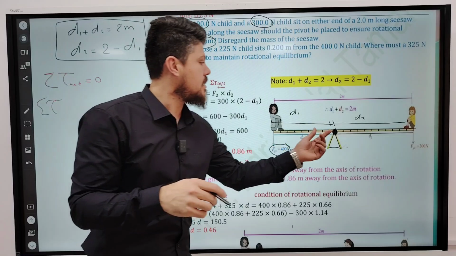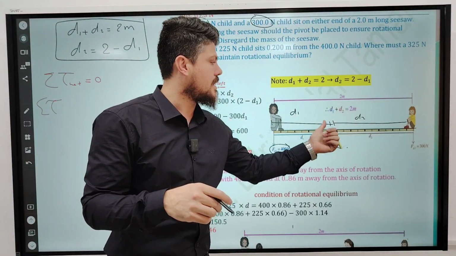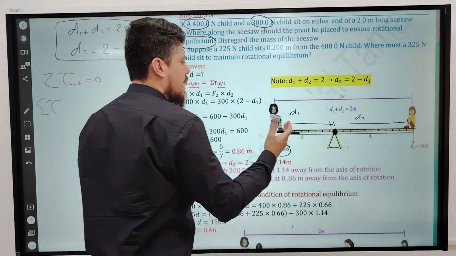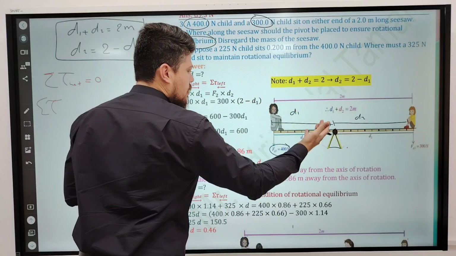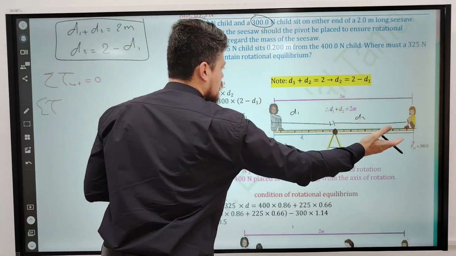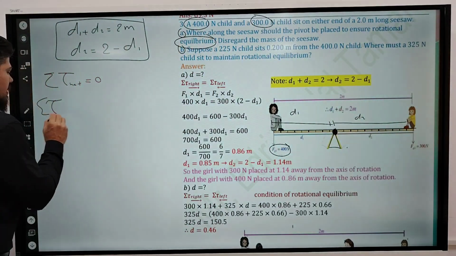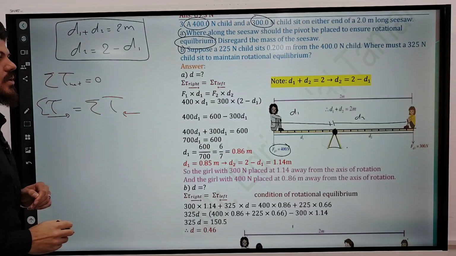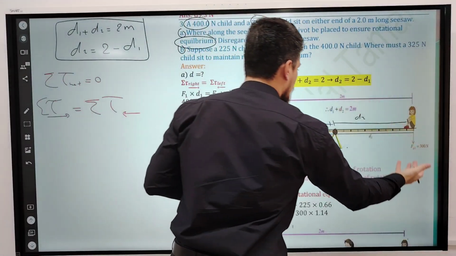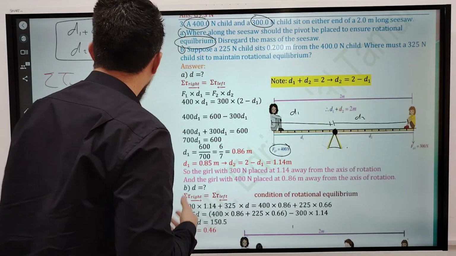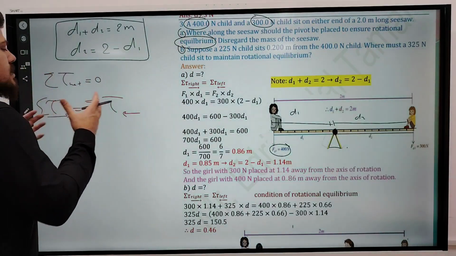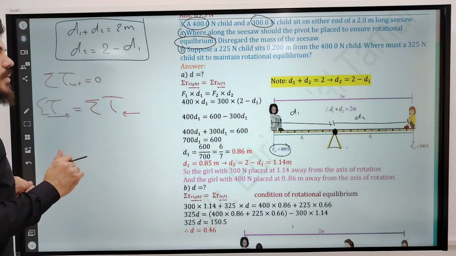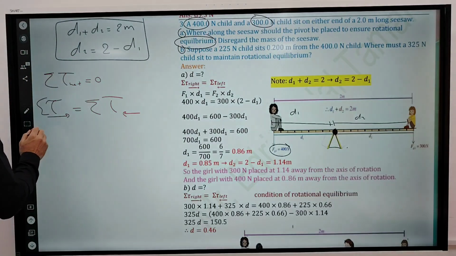Because the balancing point or axis of rotation is located in the middle, we have to equalize all torques acting to the right and all torques acting to the left. Right torque is equal to the left torque. Also you can say the left torque is equal to the right torque. It's up to you.